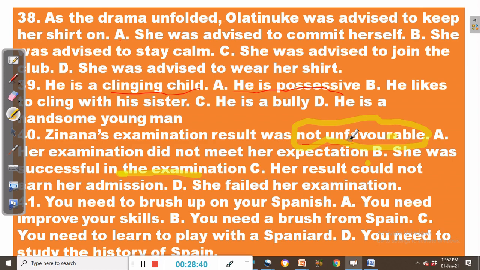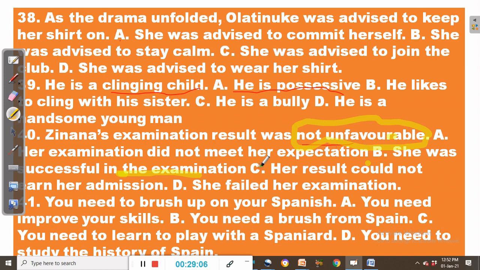So if it says Zinana's examination result was not unfavorable, that is an understatement. All right? So obviously you want to say that she was successful in that examination, because here you are saying she was not unsuccessful. And if she was not unsuccessful, it means she was successful.